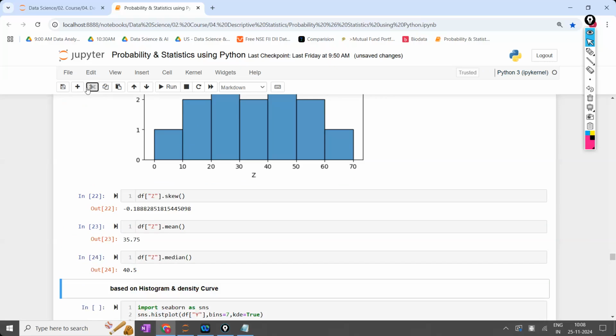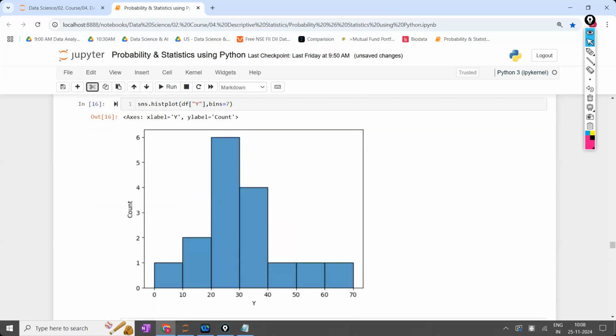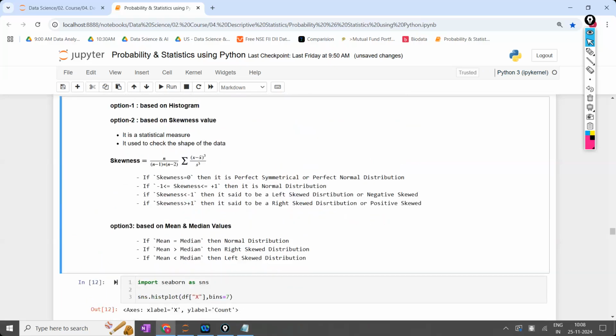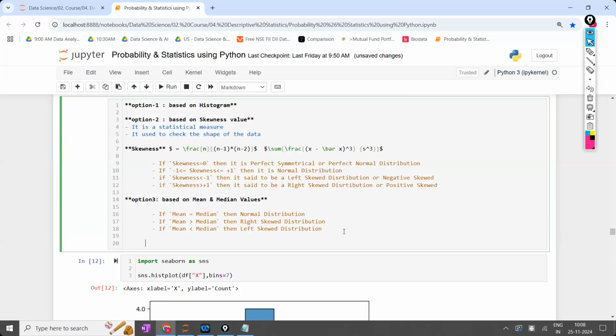Now, as I've told you, the fourth option: by using the density curve. What is meant by density curve? Density curve means probability curve.